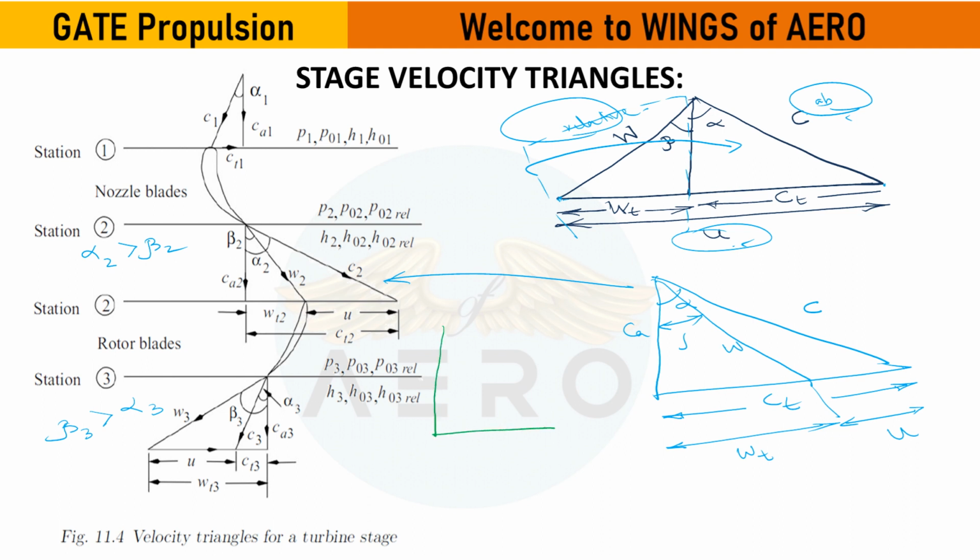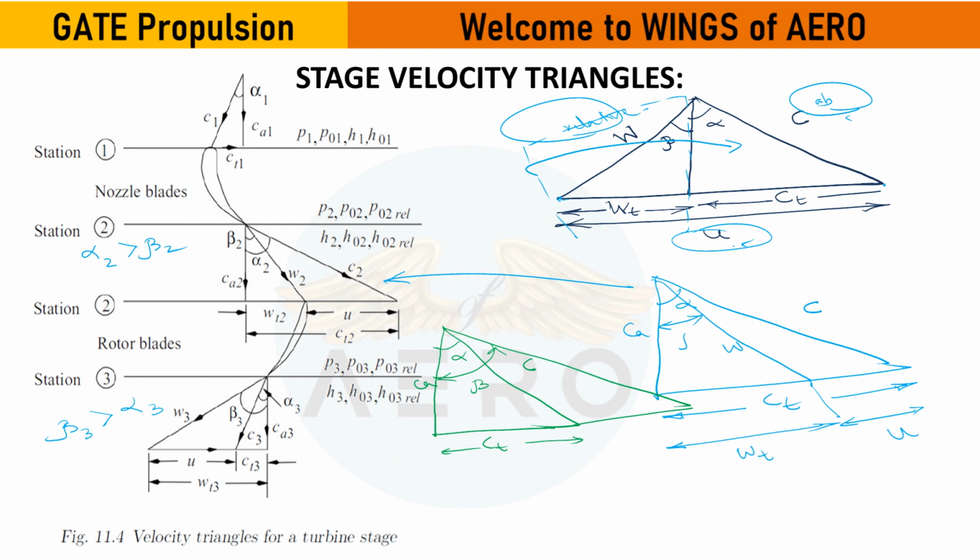you have this triangle first, this is C, this is CA, this is your CT, and you're overlapping when your beta is more. This is alpha, when alpha is more. Let's consider this. This is your beta.